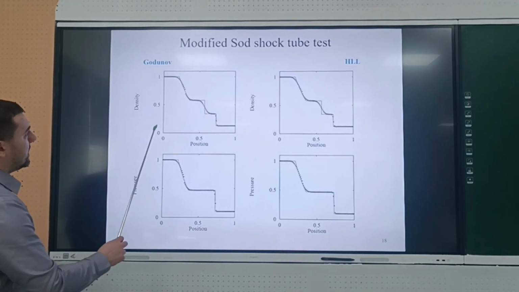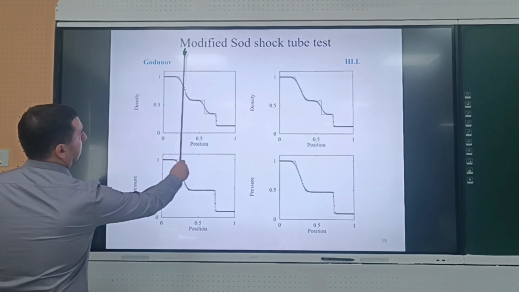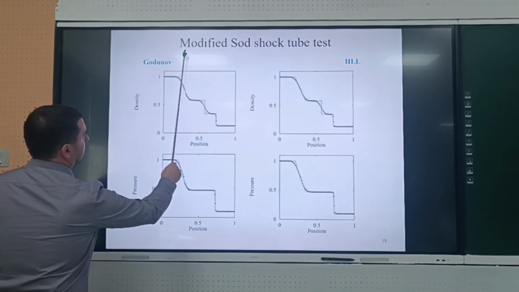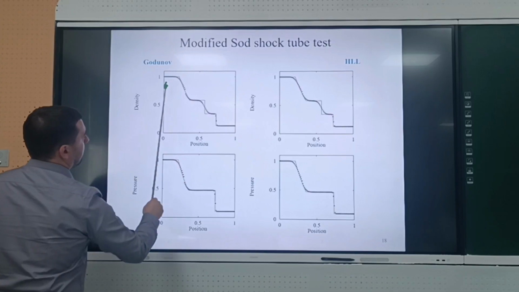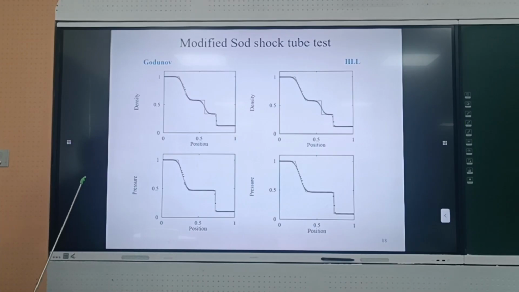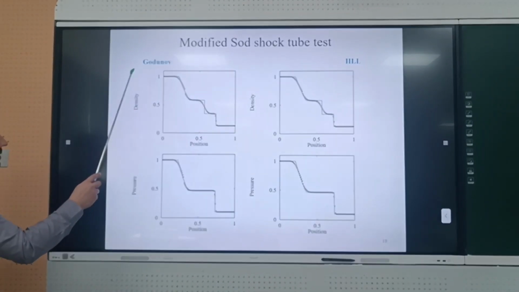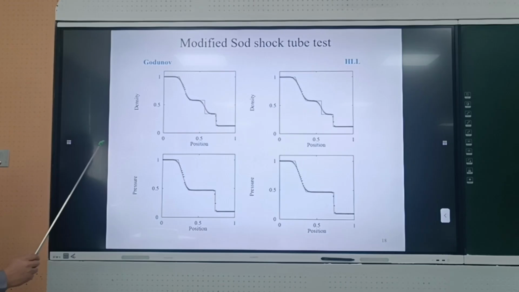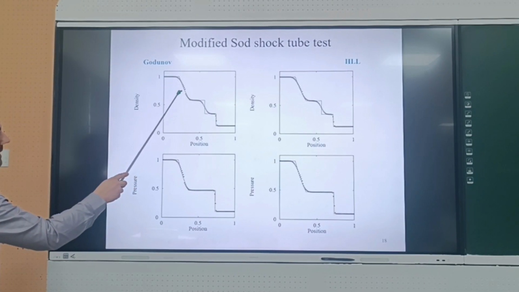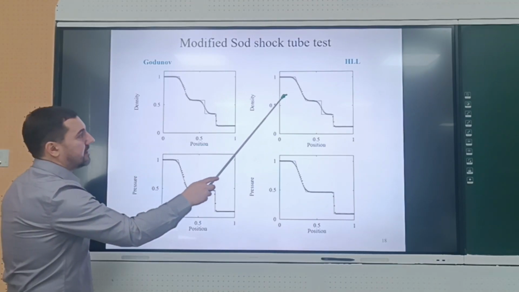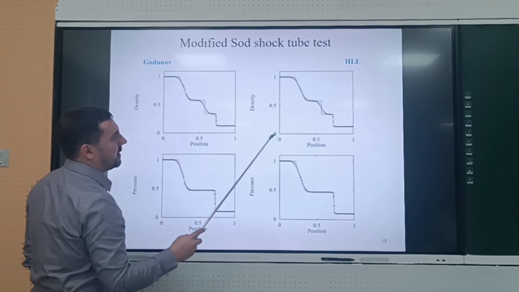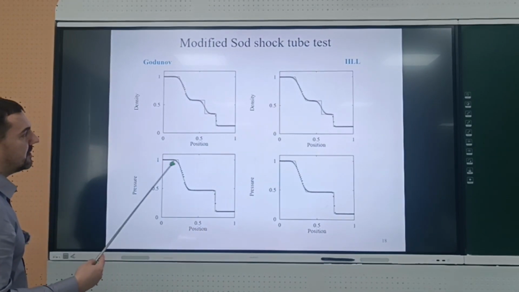As I told you, the initial discontinuity was here at x equals 0.3, and it will be inside this rarefaction wave, and this is a sort of rarefaction shock. Although the Godunov method is theoretically entropy satisfying, at the numerical level you can have such a problem, and at the same time, you can see some feature at the same point in HLL, but actually it works better.